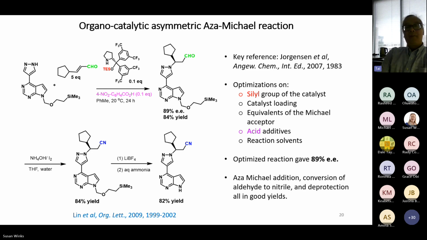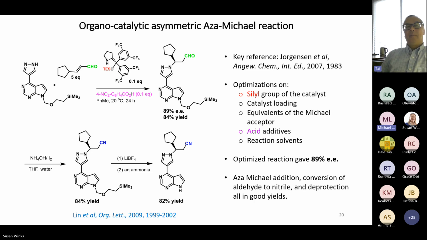Organocatalytic asymmetric reaction. In the early 2000s, I'm sure many of you are aware there was a boom of organocatalysis. As you know, Benjamin List and Dave MacMillan got the Nobel prize based on that chemistry. We got some really nice inspiration from the work of Professor Karl Anker Jørgensen.